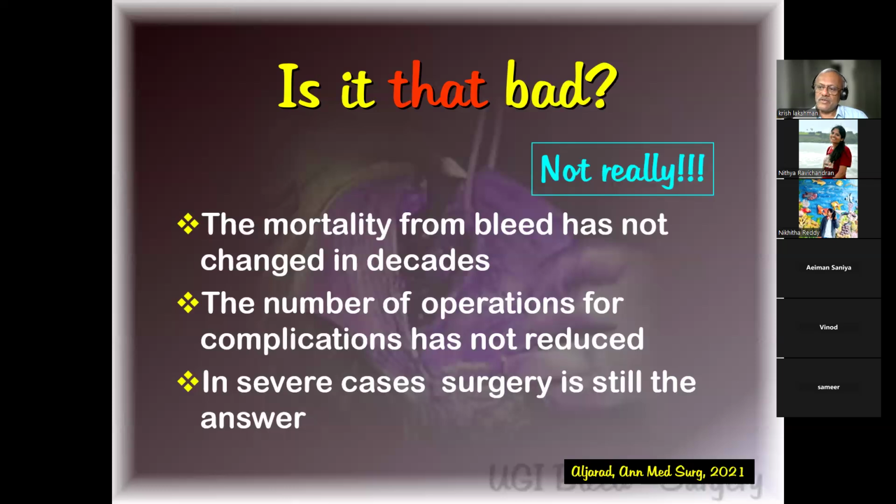The things against surgery, of course, are the complication rate. I told you mortality is the same. So if you look at outcome of any intervention, you look at rebleed rates, morbidity, and mortality. Rebleed rates are the best as far as surgery is concerned.